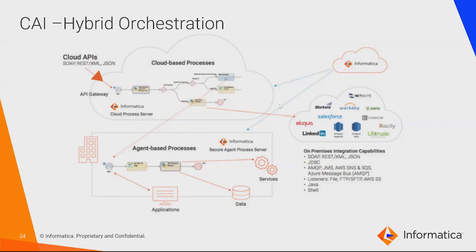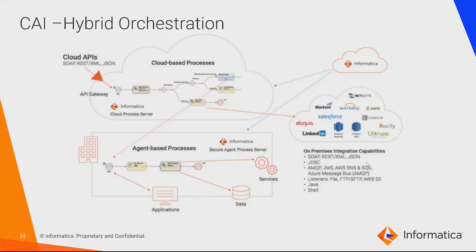One important thing is, again, you get the wide range of connectivity that we provide on the Informatica cloud, be it Salesforce, Workday, or any other cloud-based application. For more custom on-prem integration, we support a variety of protocols. If you're using web services, then we support SOAP and REST. If you need to talk to any database, we have JDBC.